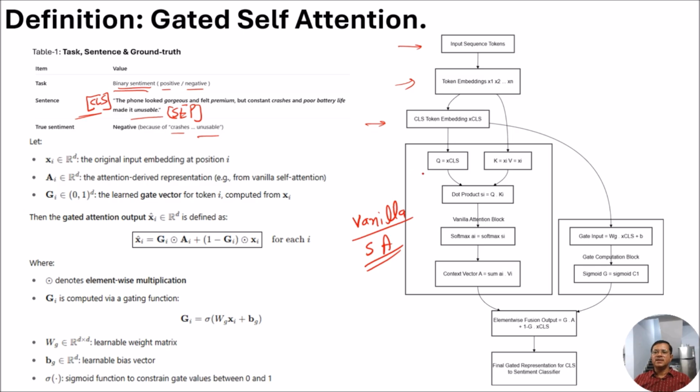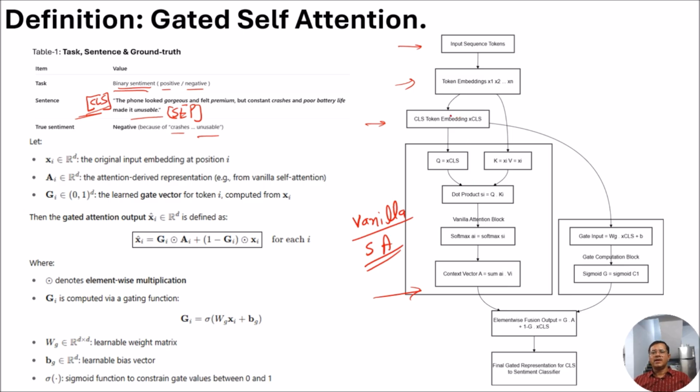In this case, as we have a prior CLS, we will use XCLS as a query, and then we will calculate the attention score and context vector score for prior CLS with respect to all words of the text. After the end of this, we will have the vanilla self-attention score, like a context vector score for prior CLS with respect to all words in the sentence.